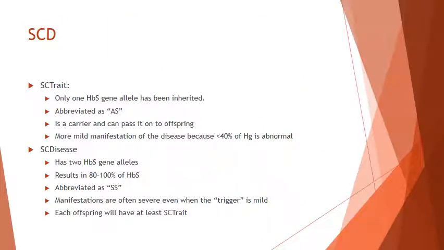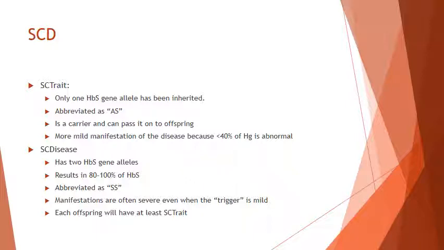Regarding sickle cell trait, only one hemoglobin S gene allele has been inherited. It is abbreviated as AS. That's just what you may see it written as. Sickle cell trait persons are carriers and can pass it on to offspring, as you saw.